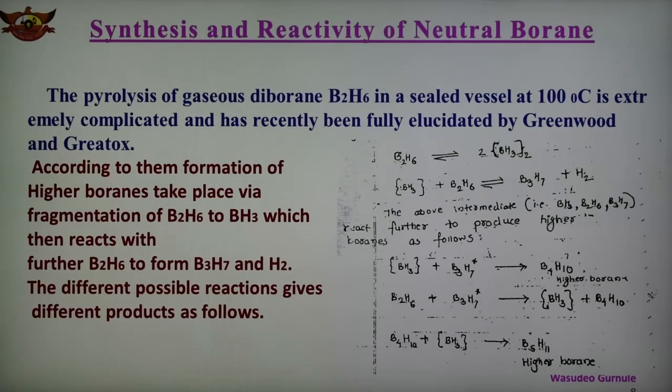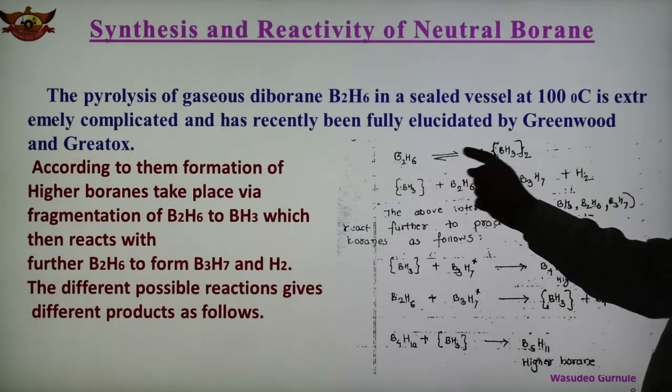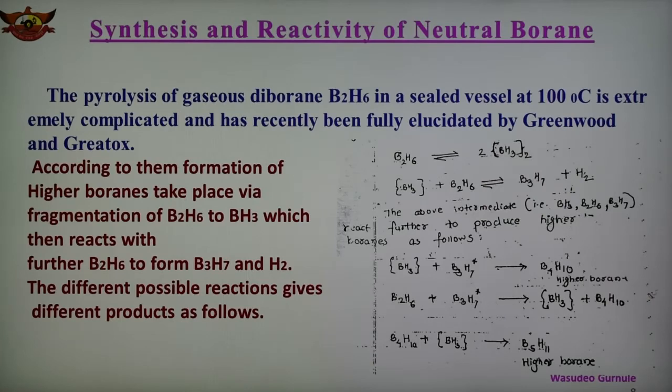The different possible reactions giving the different products are shown here. Here diborane forms two molecules of BH3 units. So this is the synthesis of the higher neutral boranes by the pyrolysis of gaseous diborane.